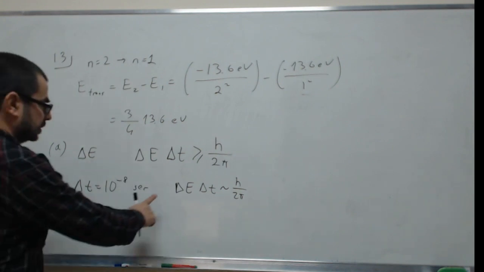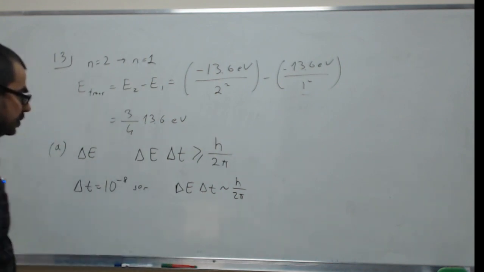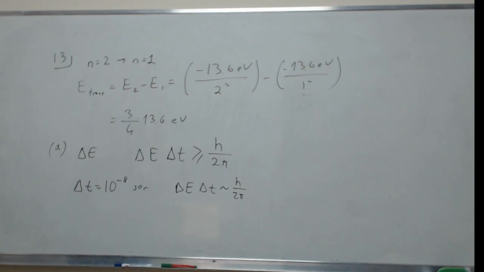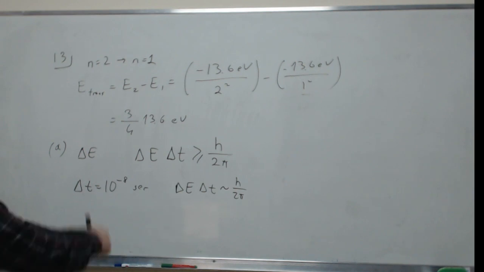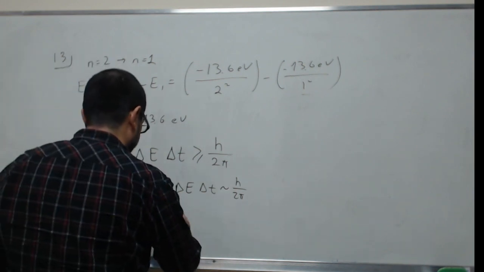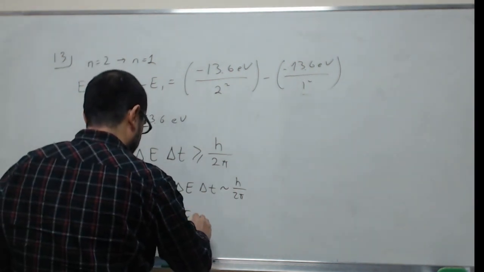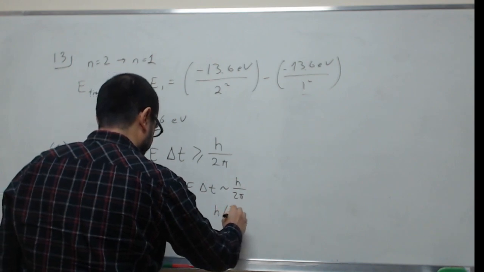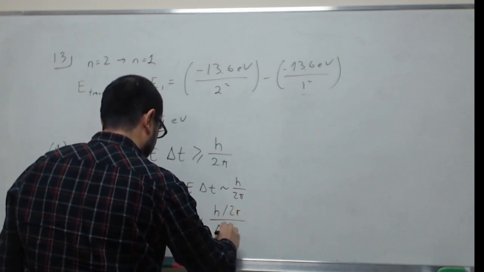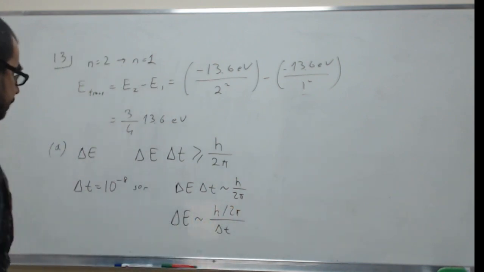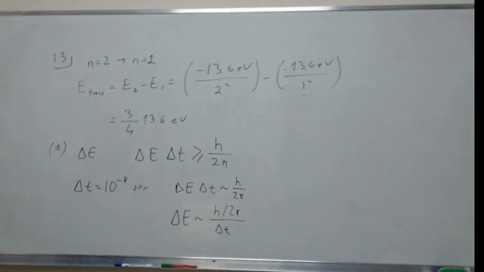Why this is correct is a little bit beyond the scope of this course, but it comes from statistics and from Gaussian wave packets, from the property of the wave packets in the situations that we encounter. Once we do this, we can write that delta E is h over 2 pi divided by delta T, and we can plug in delta T and find delta E.